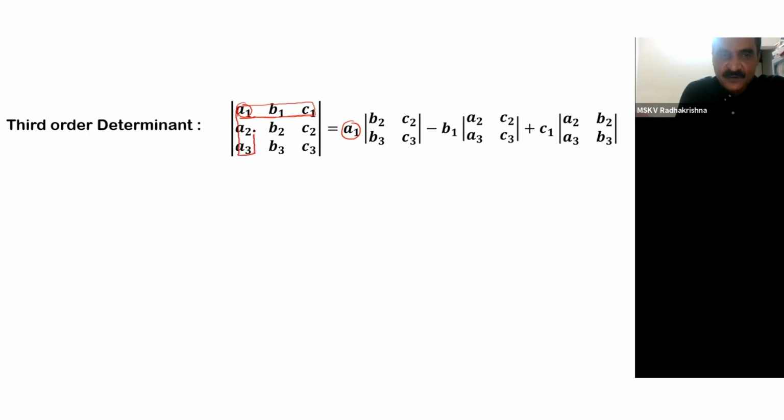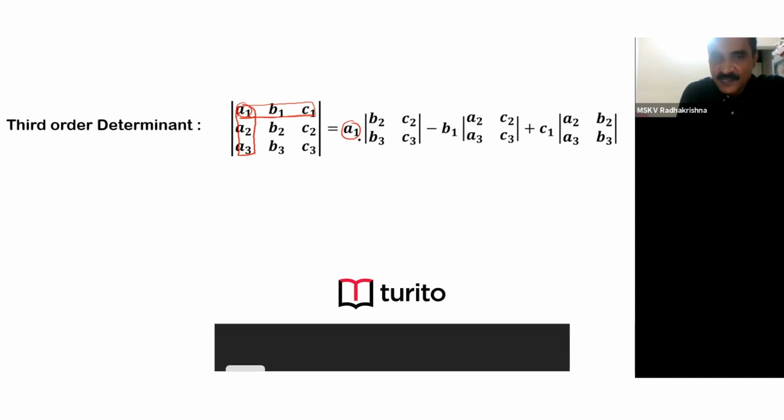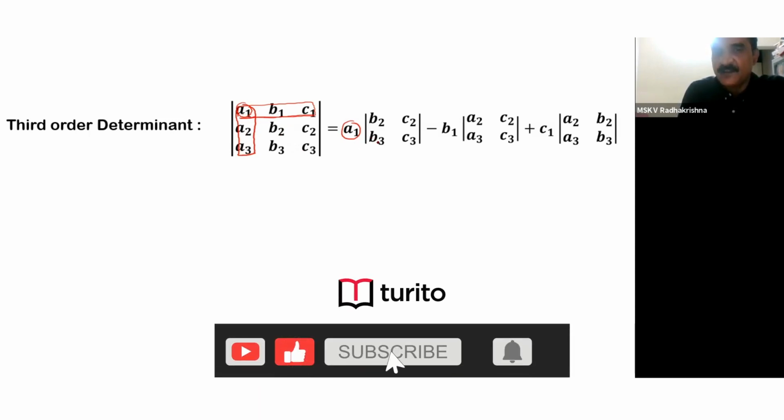See, column containing A1 is A1, A2, A3. Row containing A1 is A1, B1, C1. Removing these two, what is the remaining determinant? B2, C3 minus B3, C2. So you should multiply A1 with the remaining determinant. We can call it a subdeterminant.